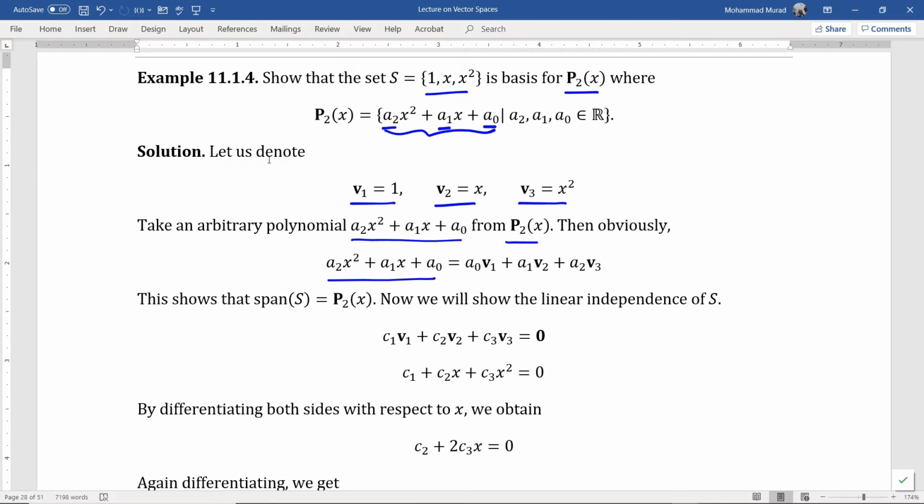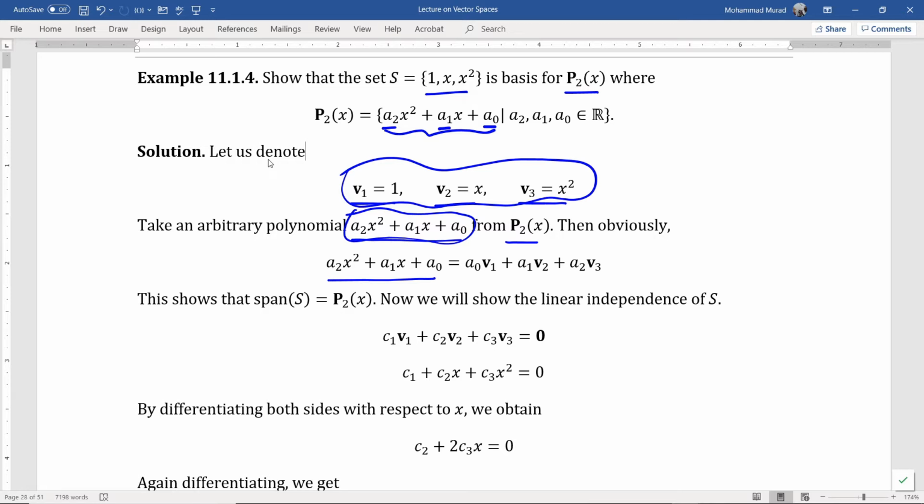This shows that the span of S is equal to the vector space P sub 2, meaning that an arbitrary polynomial from the vector space P sub 2 can be written as a linear combination of these three vectors.